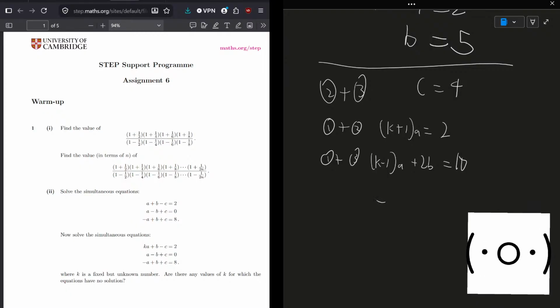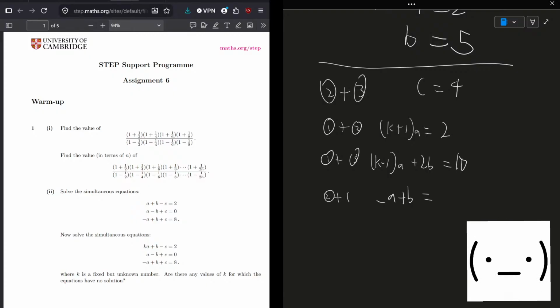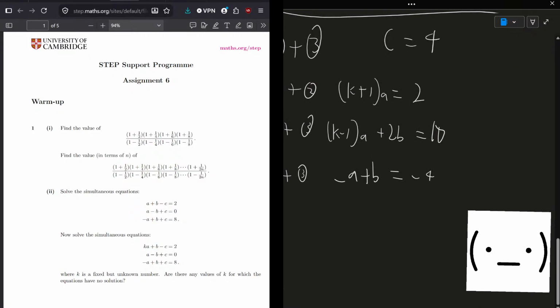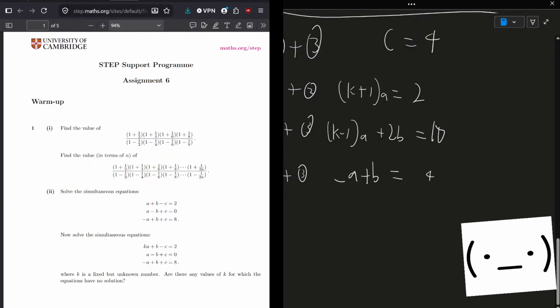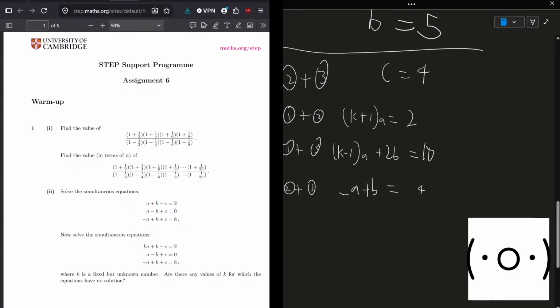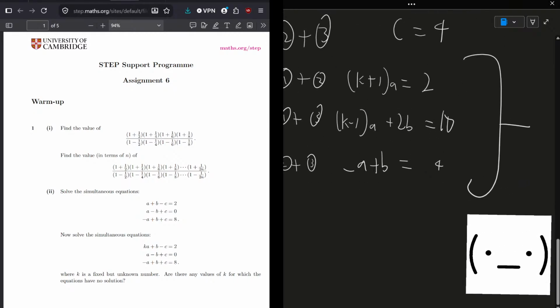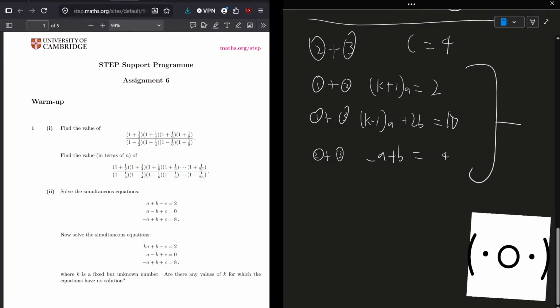Now at this point we may as well take the information that we gleaned from 2 plus 3, which delivers this. Oh, no, sorry, I did the negative by accident. So now we've got these 3 equations that we've got to figure out if there is a value of k for which the equations have no solution.